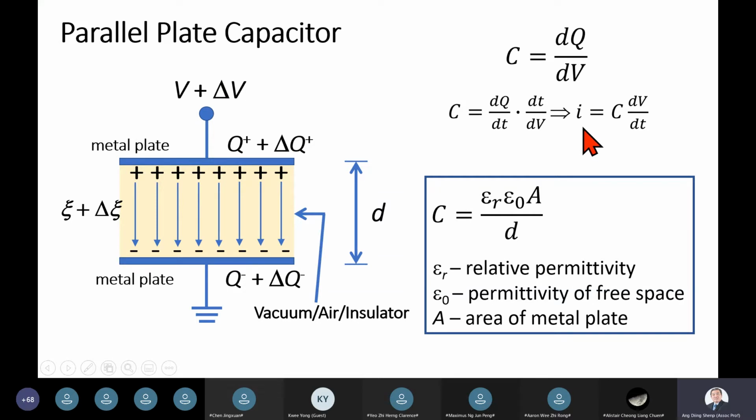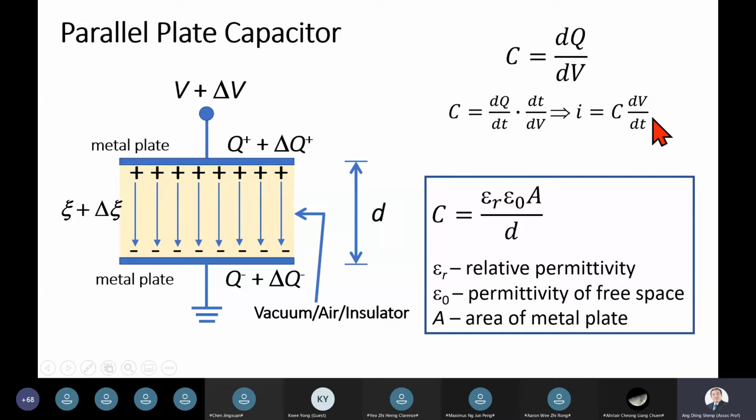Okay. Now, I is C dV dt. This equation itself has an important point in the sense that in a capacitor, the voltage across the capacitor cannot change indefinitely, or in other words, dV dt must be finite. It cannot be infinite, right?